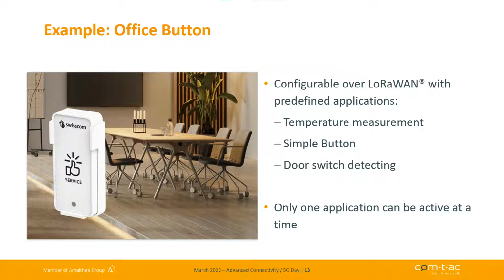And the idea is, by simply sending a downlink message to the network when you activate it, you select the right application. The reason for that is we have limitations, as mentioned before, mainly driven by the battery lifetime. If you have temperature and humidity measurement, the device will last shorter than a simple button which does typically nothing, only if you push the button a telegram is sent uplink.